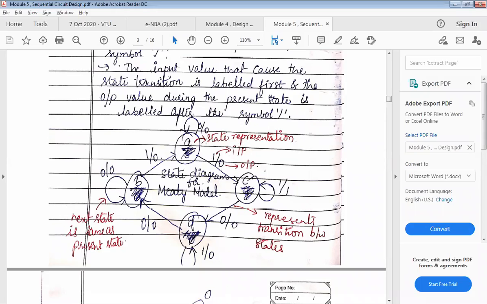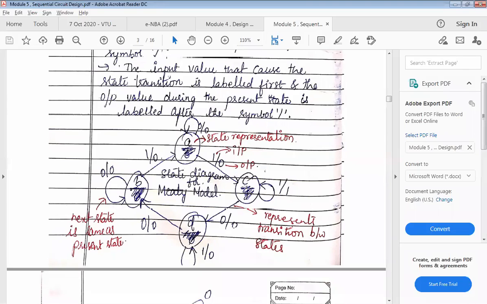It can move from one state to another state only if a particular condition is satisfied. If the arrow is given in this fashion, as a loop on the same state, then the next state is the same as the present state.